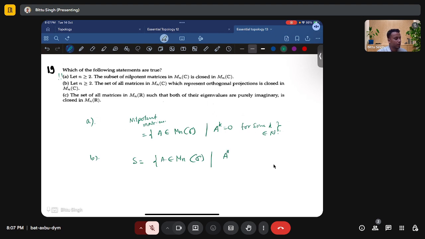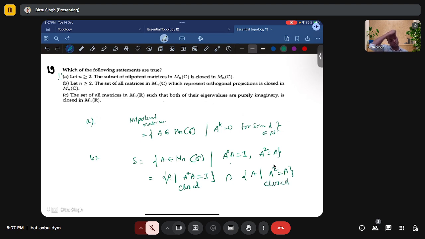That means A star A is identity and A square is A. Projection means this is the main thing, so S can be thought of as the intersection of those two conditions: A such that A star A equal to identity, intersection A such that A square equal to A. So this is closed and this is also closed.